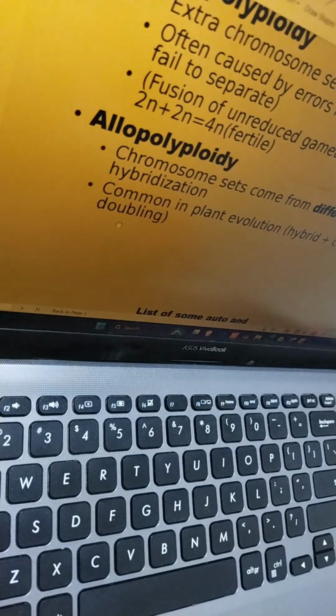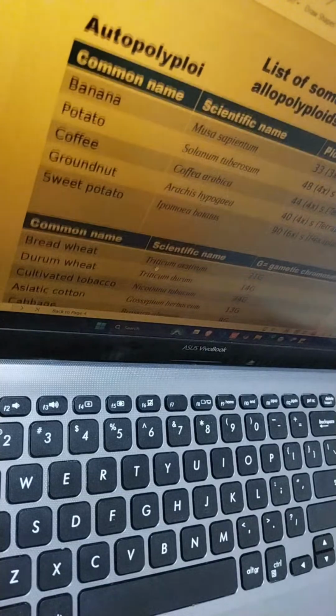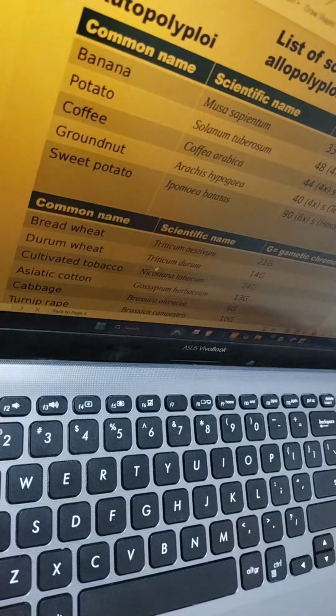Allopolyploidy means different species, and autopolyploidy means the same species. Now a list of auto and allopolyploids.